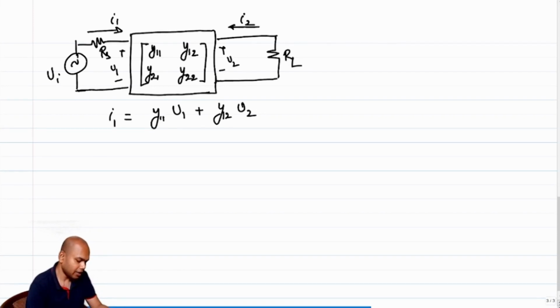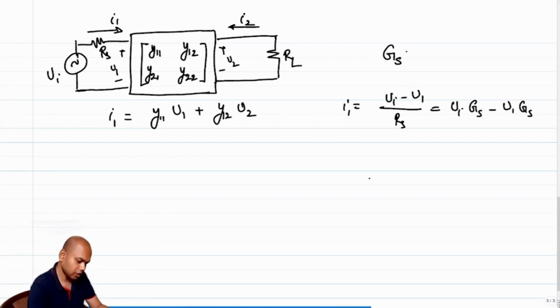So I recognize the fact that I1 is equal to Vi minus V1 over Rs. Or instead of going the division route, I recognize that this is equal to Vi times Gs minus V1 times Gs, where Gs is equal to 1 over Rs.